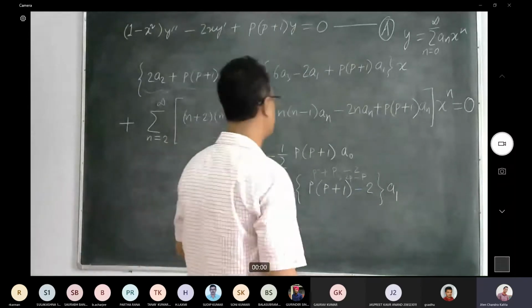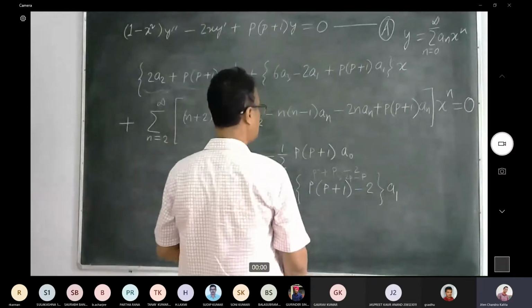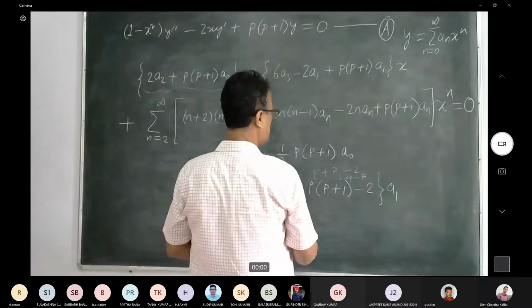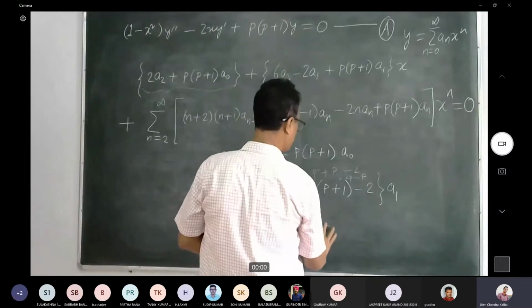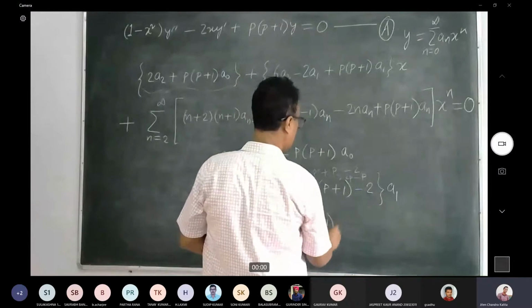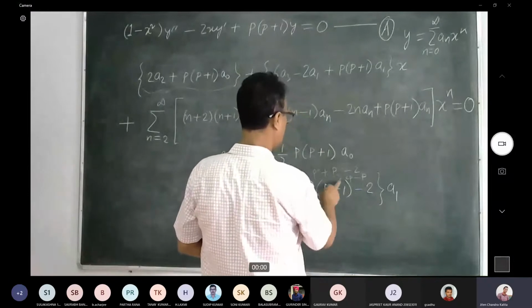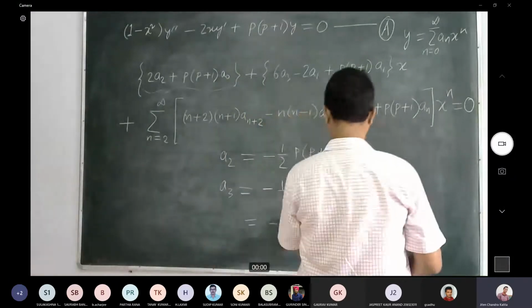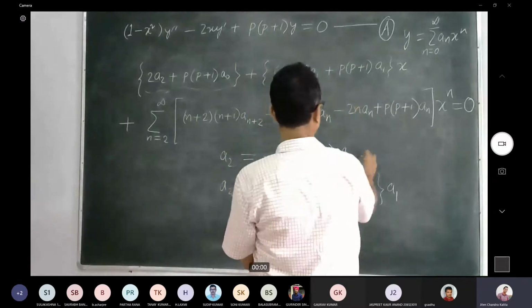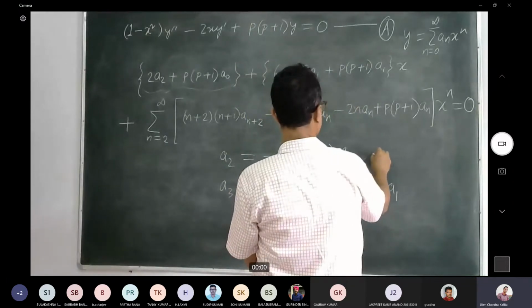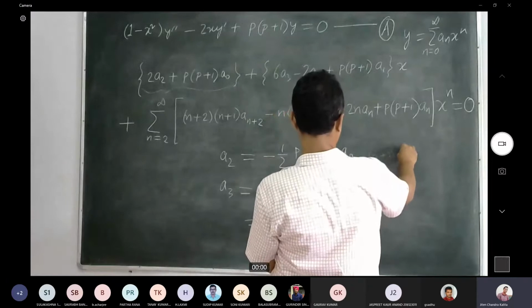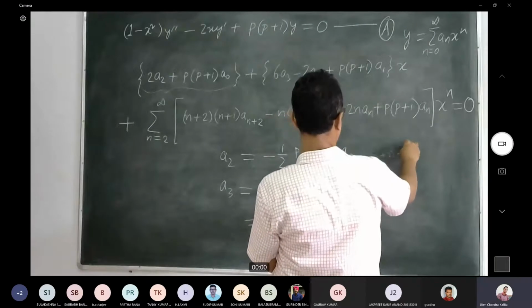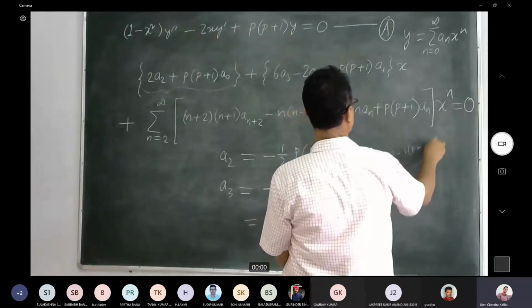If I decompose it like this, this is going to give me 1 by 6, then p minus 1. Is it? Am I fine? Just a minute. So this is going to give me p minus 1 into p plus 2, right?